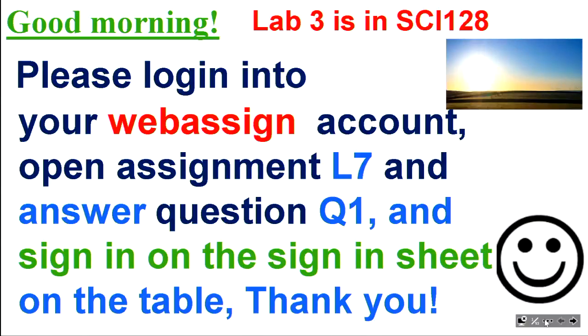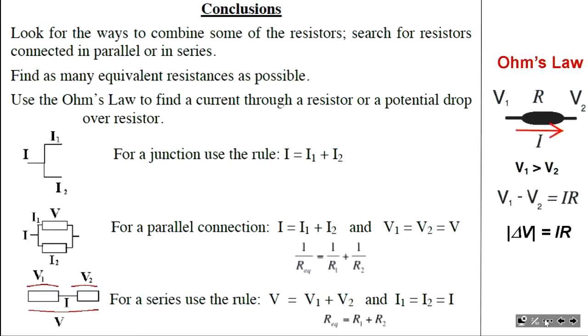Well, good morning, and this is what we learned: Ohm's law, which relates the resistance of a resistor, any passive device in a circuit, the potential difference between the ends of that device, and the electric current traveling through.